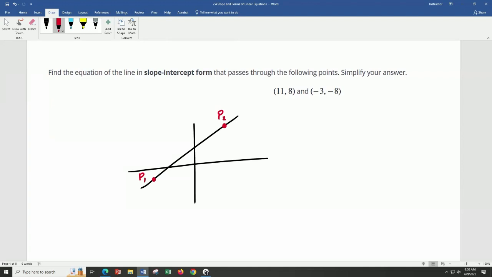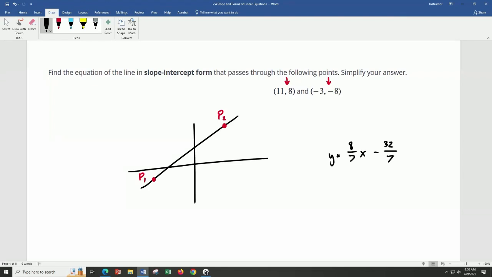Can anybody tell me why both of those work? Because your answer to this one turns into this: y is equal to 8 over 7 x minus 32 over 7. Can someone tell me why?